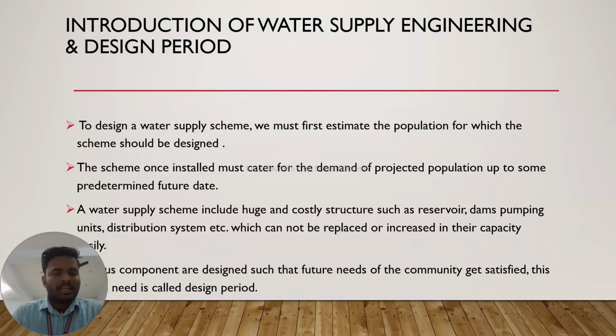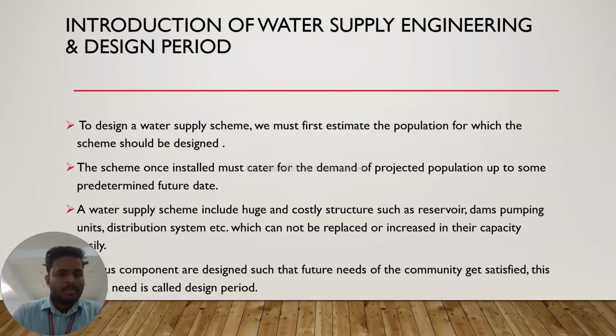Whenever we design a water supply scheme, we must first estimate the population for which the scheme should be designed, right? Once the scheme is installed, it must cater for the demand of the projected population up to some predetermined future date.